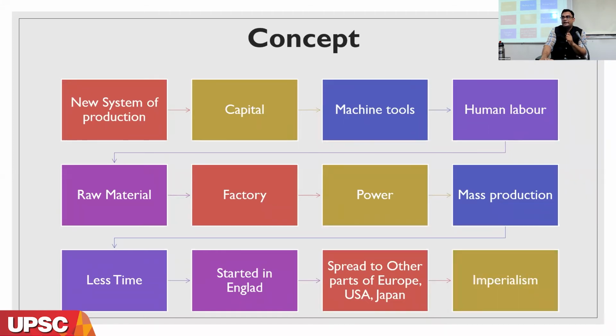This industrial revolution propels countries to occupy more and more territory, especially in the tropical areas. Raw material can be sourced from there at a cheaper price.